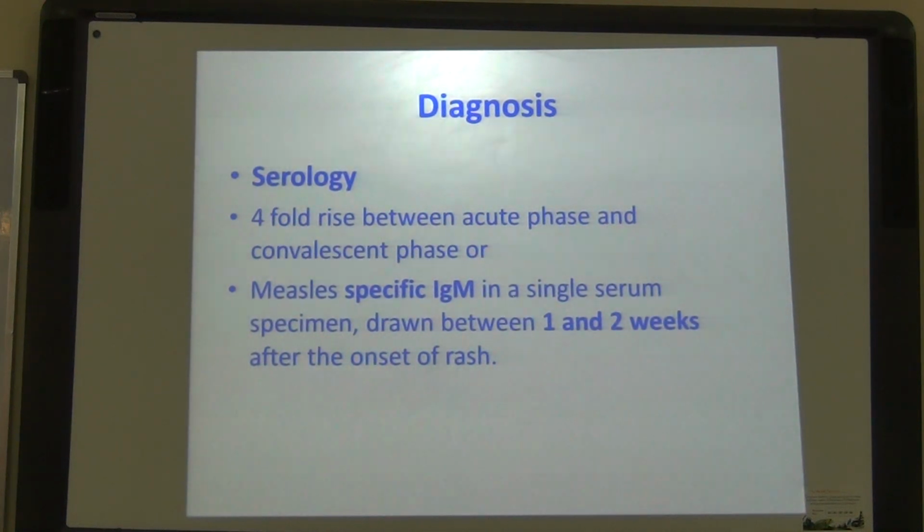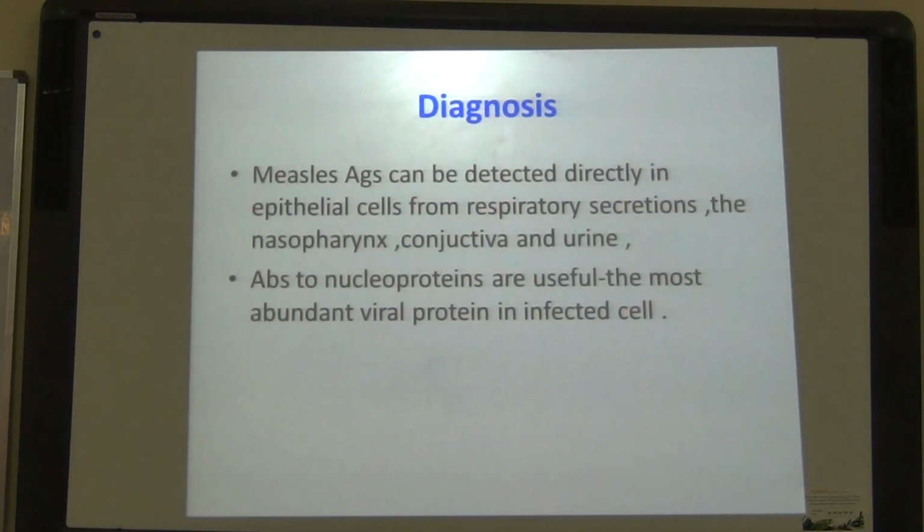If the patient has had the disease within a week and IgM antibodies are present, it is significant and signifies acute infection, in a specimen drawn between 1 and 2 weeks after the onset of the rash. So after the 2-week period, if IgM is raised, it is indicative of acute infection.